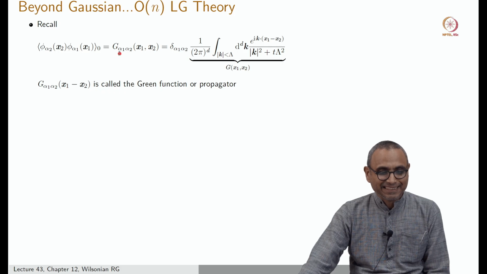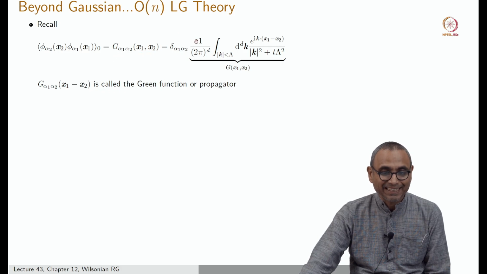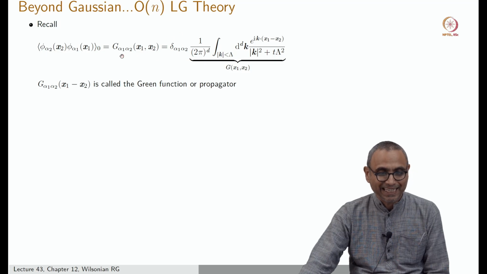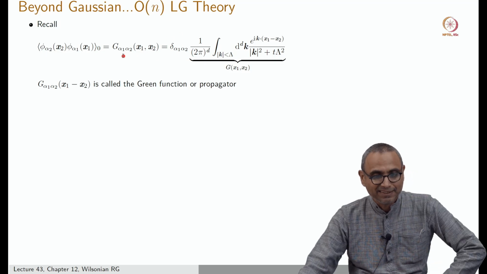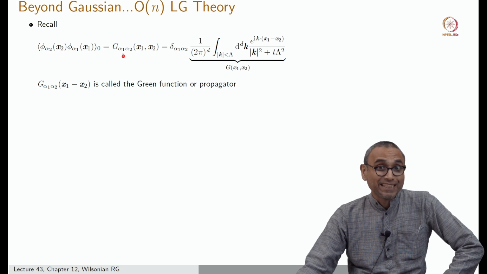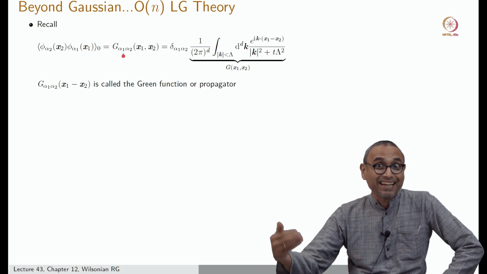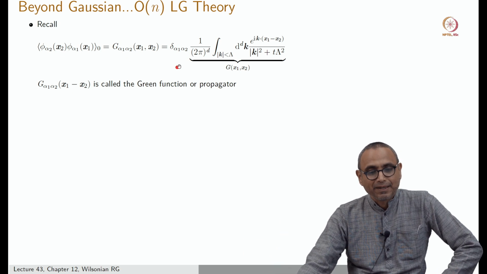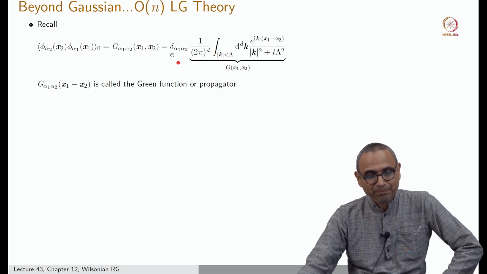So the idea is that this G alpha 1 alpha 2 of x1 x2 has this delta alpha 1 alpha 2 index, so it's diagonal in this ON space. So it's ON symmetric if you wish. It's like a scalar in the ON space, and this is what we call G of x1 x2.